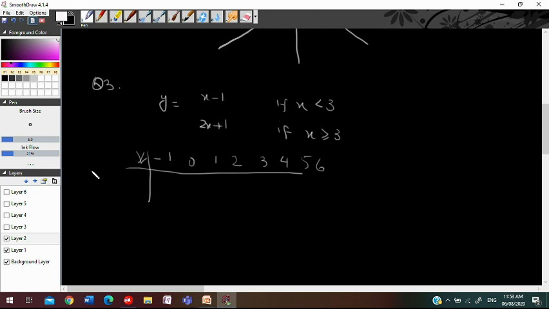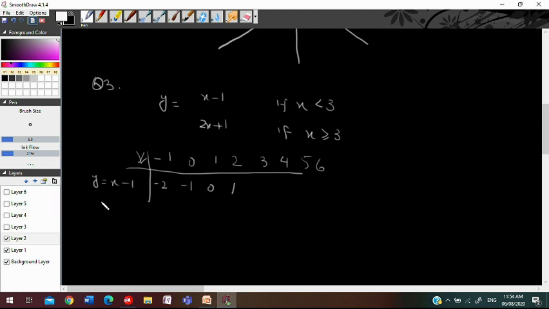Now for the first function, y is equal to x minus 1: for minus 1, minus 1 minus 1 is minus 2, 0 minus 1 is minus 1, 1 minus 1 is 0, then 2 minus 1 is 1. We have all values of x which are less than 3, so we just stop here. Why? Because our x has the limit less than 3 for this function.